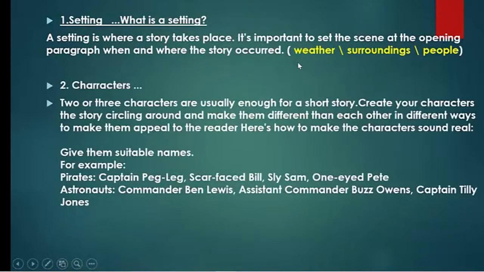Characters. It's very necessary to write about your characters. Two or three characters are usually enough for a short story. Create your characters, the story circling around them, and make them different from each other in different ways to appeal to the reader.